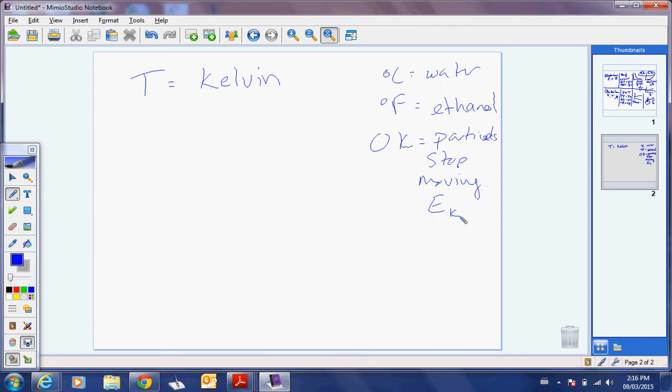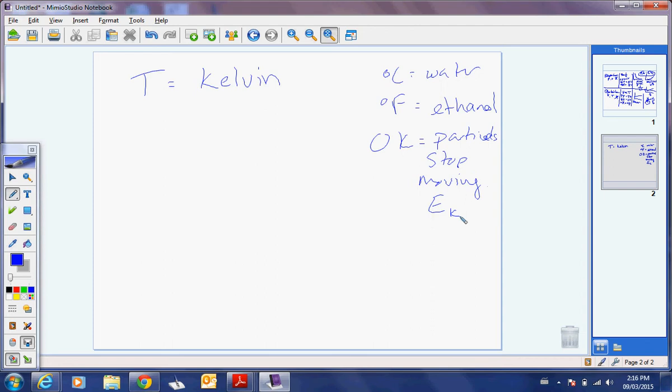Because it's the movement of the particles that explains why it's expanding, not actually a temperature. So they've changed it. And you can think of K as kinetic energy, although it also stands for Kelvin, the scientist that created it.